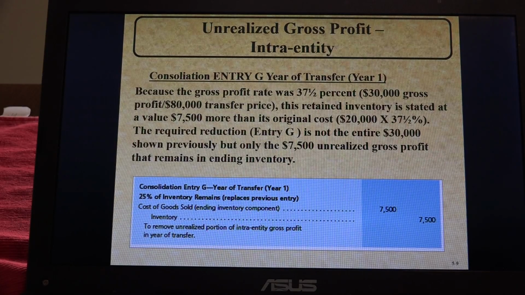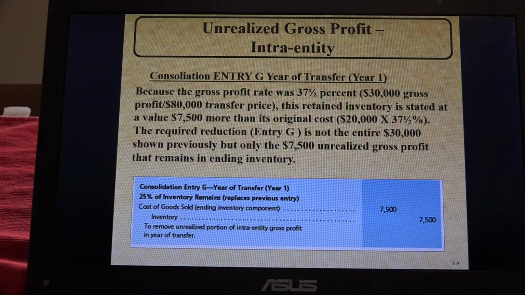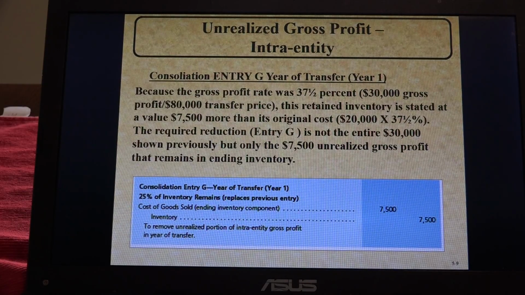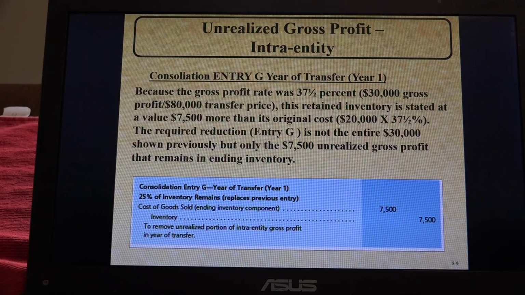And our gross profit rate in the original transaction is 30,000 of the 80,000, and so that is determined to be a 37.5% gross profit rate. And so what you want to do is take and multiply that 37.5% times the ending inventory that remains from our intra-entity sales, in this case 20,000.